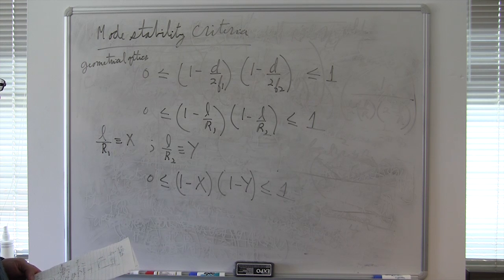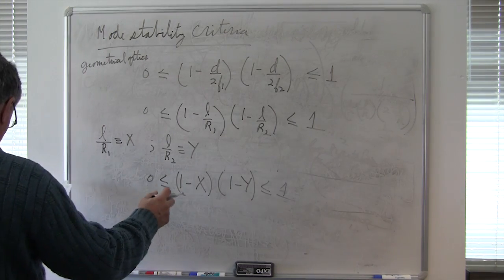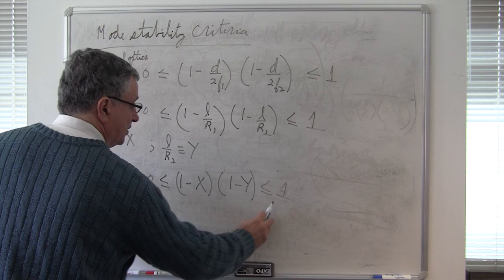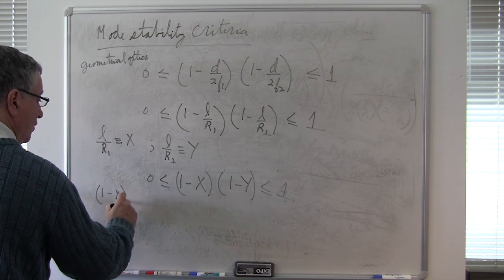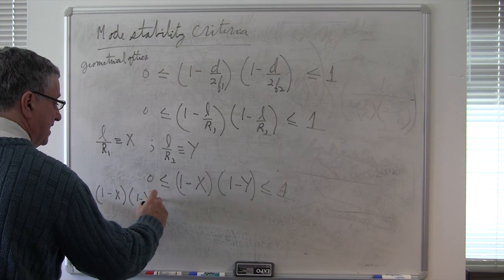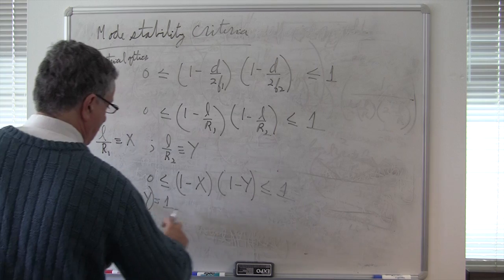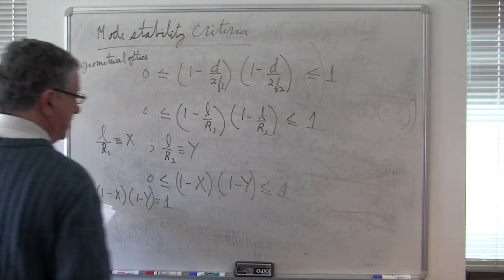Now we want to find out in which region this cavity is stable. So what we can do is look at when this equation is equal to 1, when (1 minus X) times (1 minus Y) is equal to 1. That's the limiting case here.